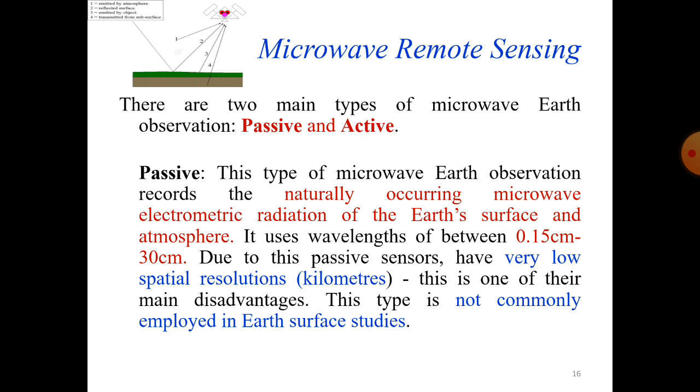This kind of natural source which emits the microwave spectrum is very small in its range, and thereby the information it can gather is not that clear.